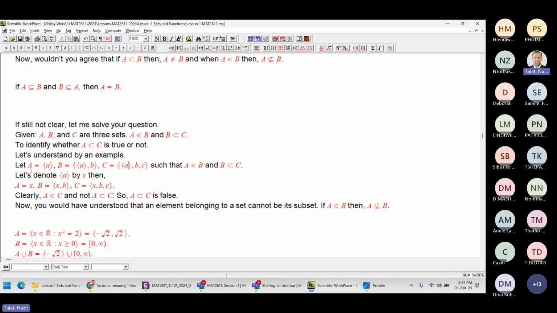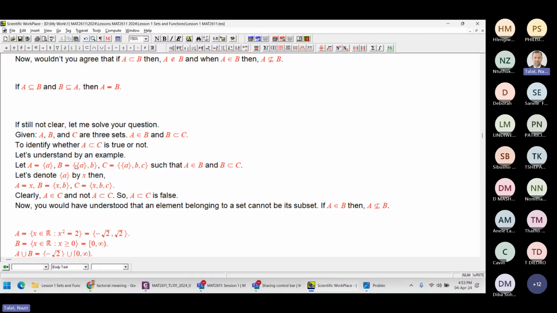Like the whole set is an element which belongs to C. So this is basically about that one. You just need to stay focused. Yes, of C in that case, but it does not belong to C. Look, if we say that A is a set having this, so B is also that one.